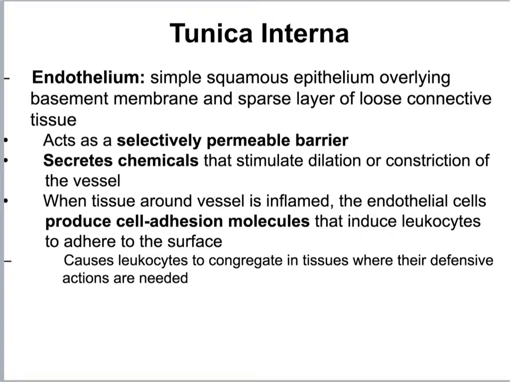The endothelial tissues respond to inflammatory signals by producing cell adhesion molecules that basically slow leukocytes down, especially neutrophils, and then those leukocytes basically attach to the endothelial tissue and then extrude through the endothelium into the inflamed tissue on the other side.